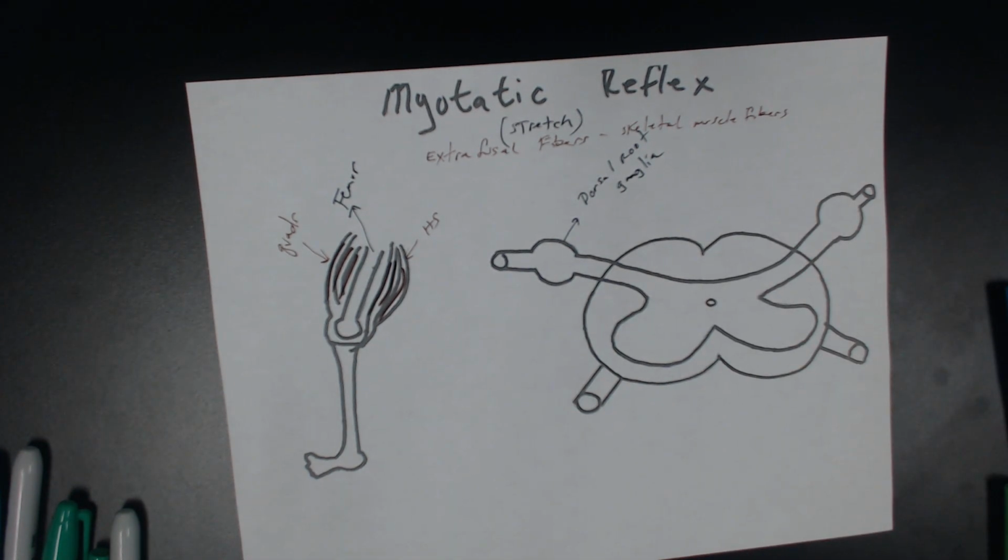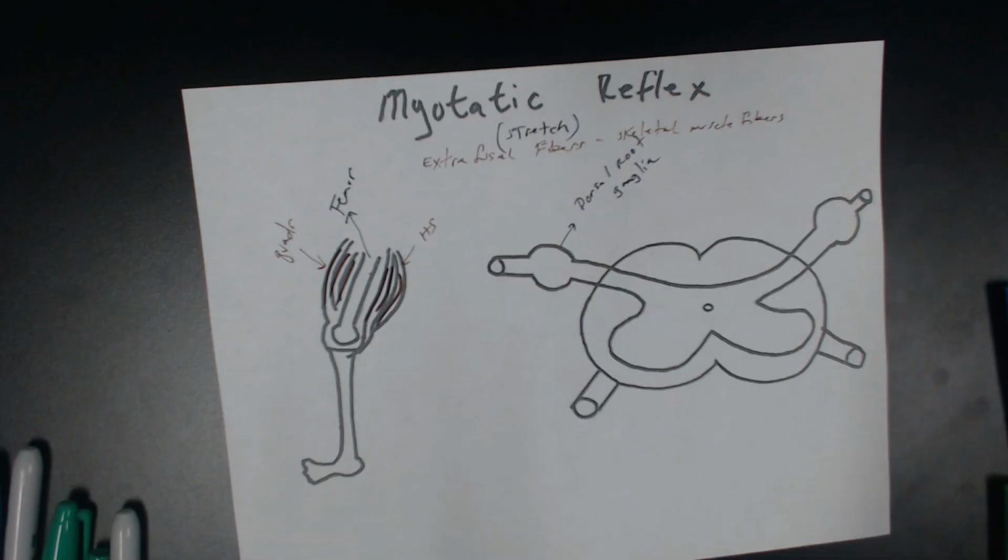And this is a foot. We got it? Questions about how I set it up? I'm just looking at the body's response, and this is what's happening at the level of the spinal cord.